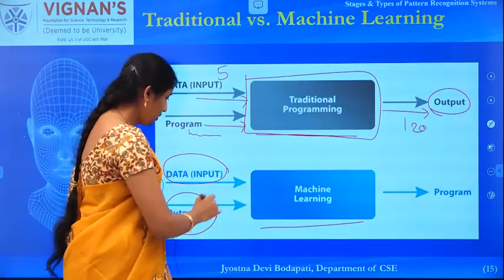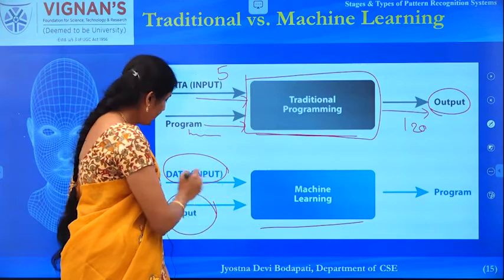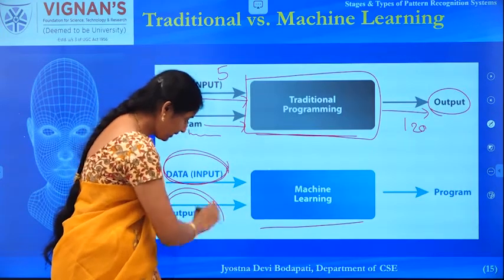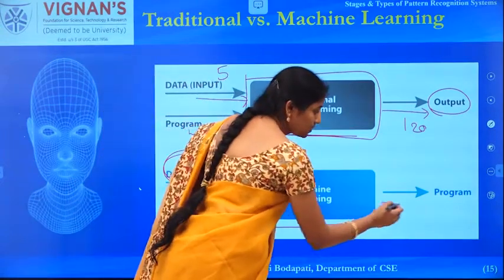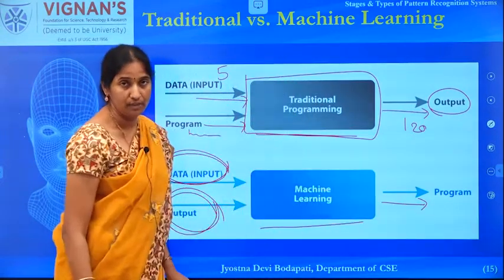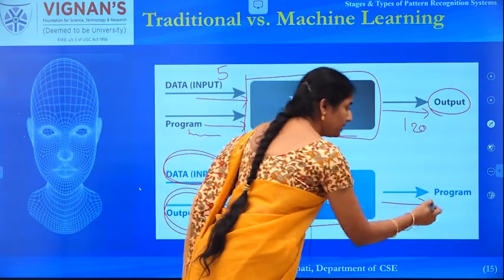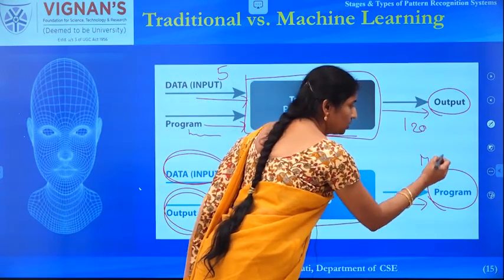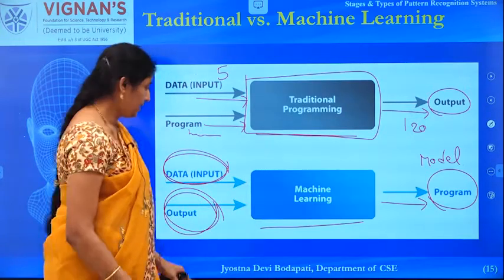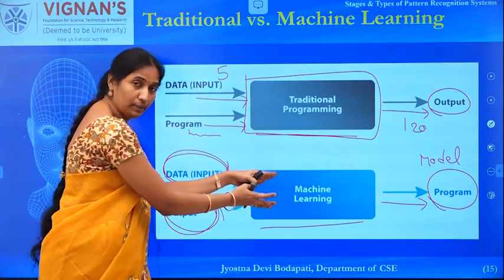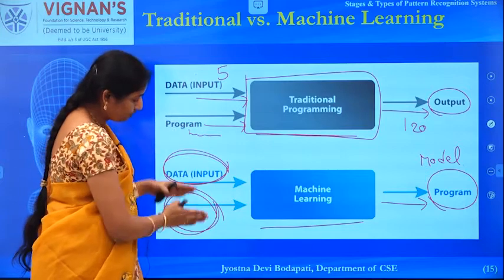But in this case, you are showing the machine a set of inputs along with the outputs, right? And then the program itself is generated by the machine. The program generated by the machine, in the context of machine learning, is called the model.